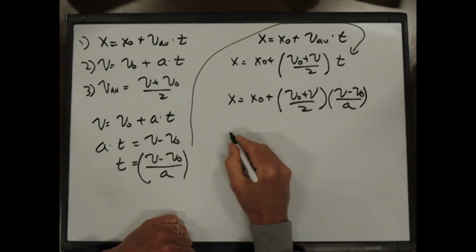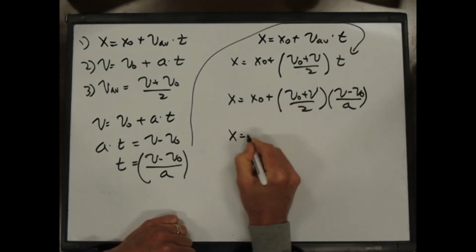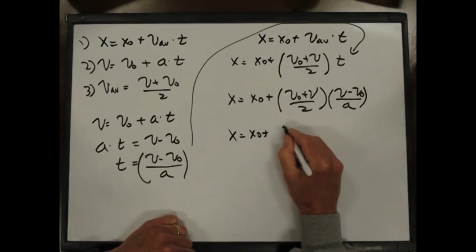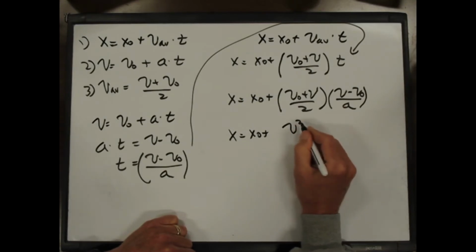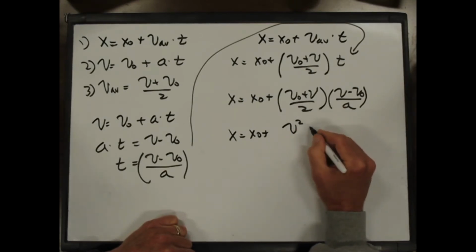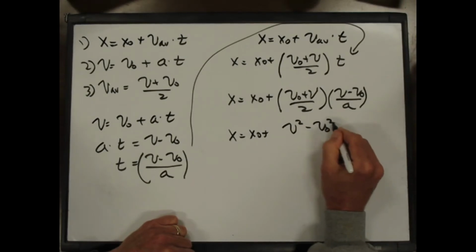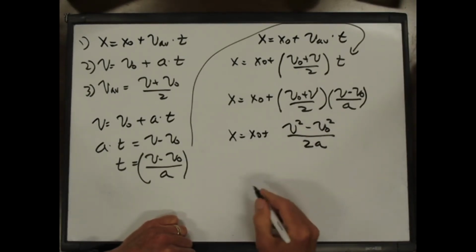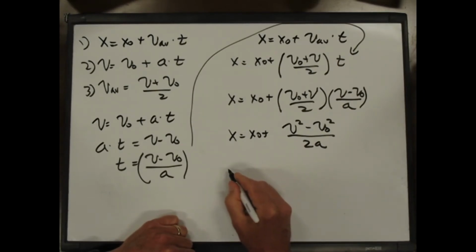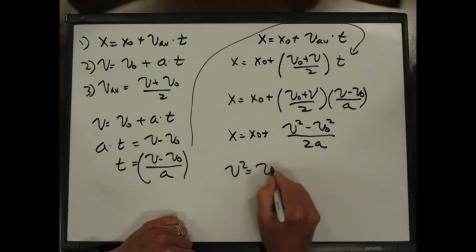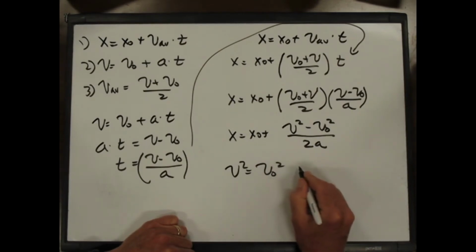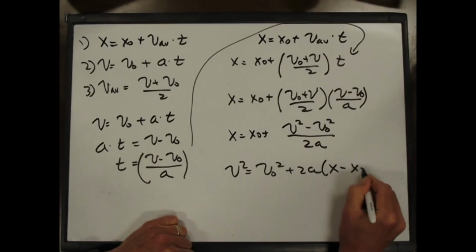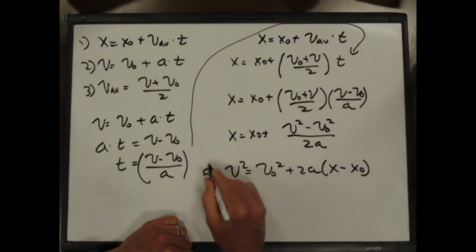If you do all the math here, you get x equals x naught plus v squared minus v naught squared over 2a. And you can rearrange all that algebraically and get v squared is equal to v naught squared plus 2a times x minus x naught. And I would call this equation 5.